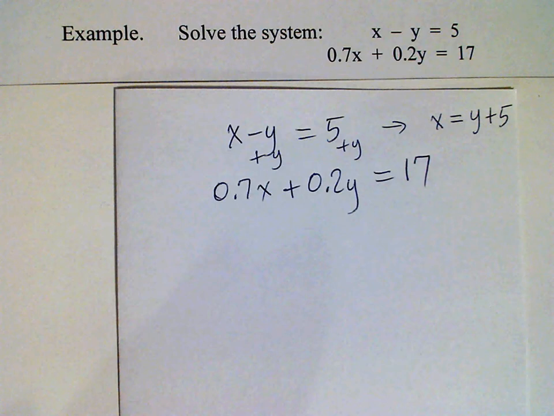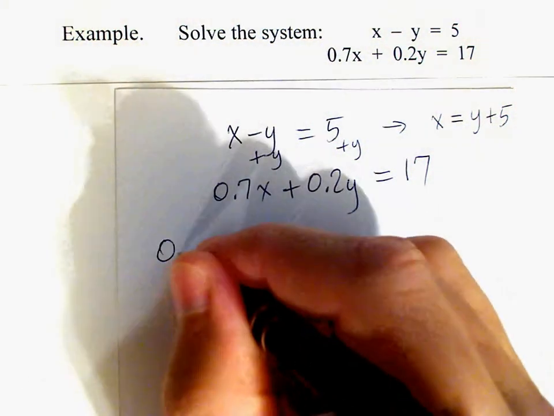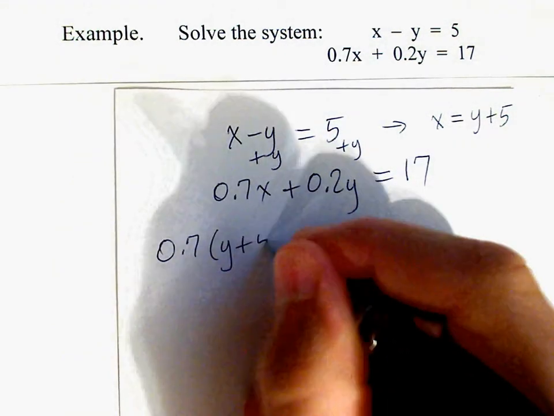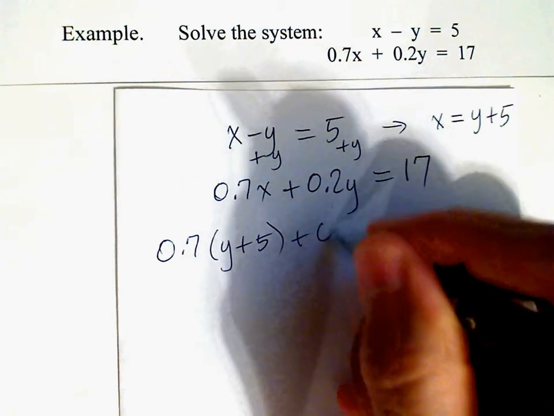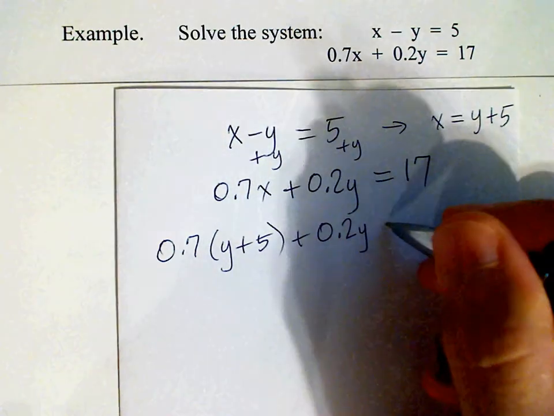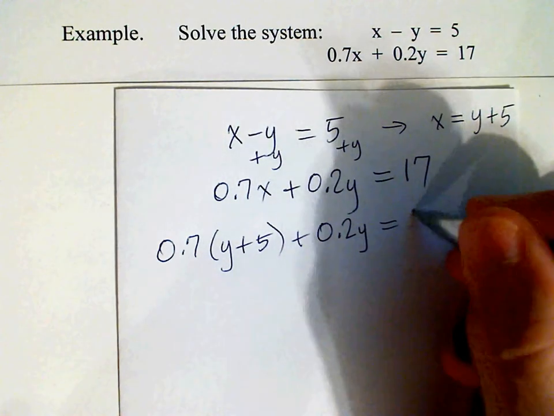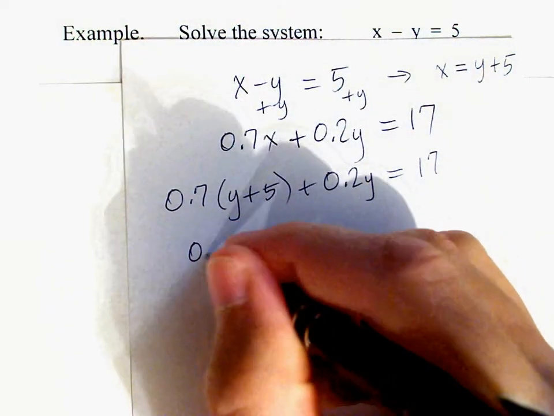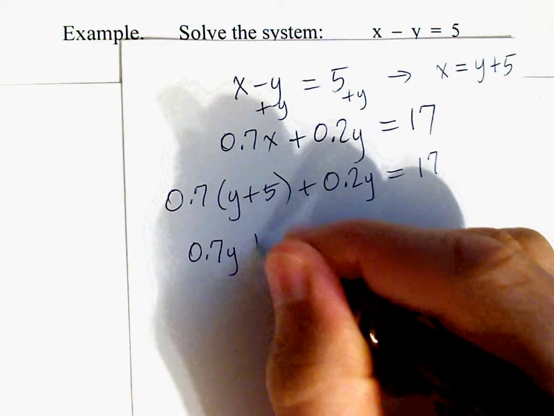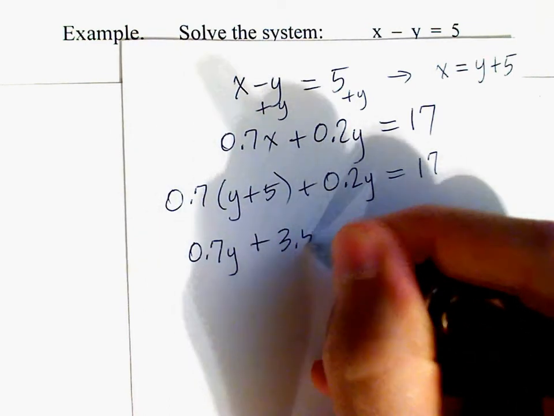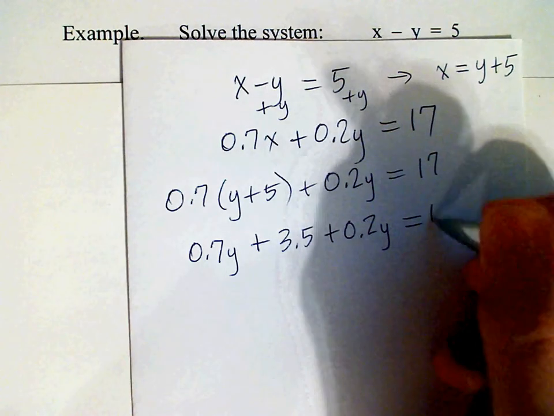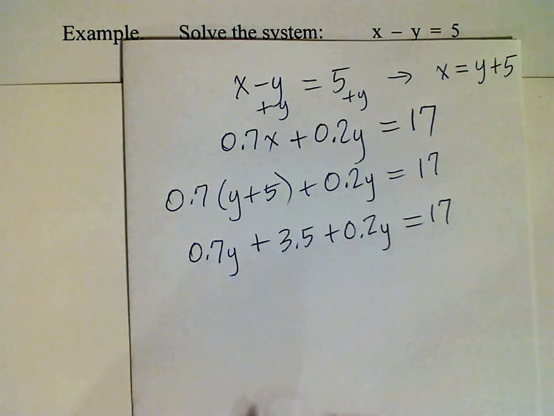Well, if x is equal to y plus 5, then we can use that to replace x in the second equation. We get 0.7 times (y plus 5) plus 0.2 times y is equal to 17. So distributing the 0.7, we have 0.7 times y plus 3.5 plus 0.2 times y is equal to 17.